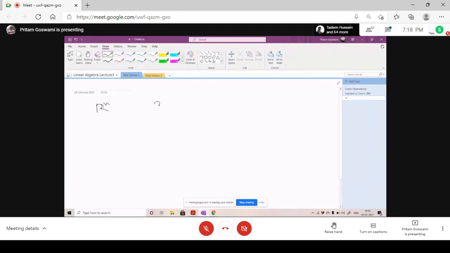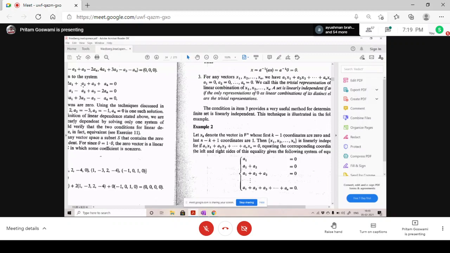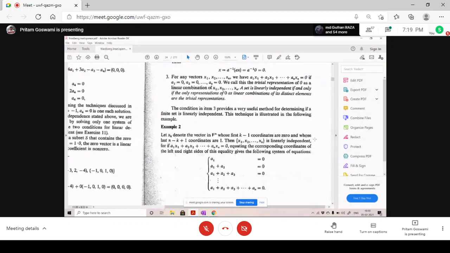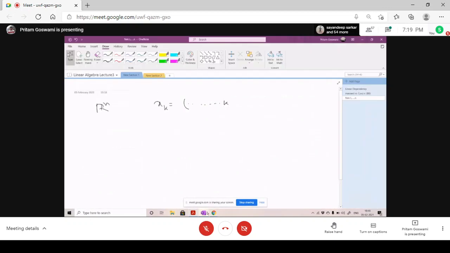Suppose a vector xk is given like this: the first k minus 1 coordinates are 0. So xk is basically such that up to k minus 1, the elements of these tuples are 0, and from the kth on it is 1.